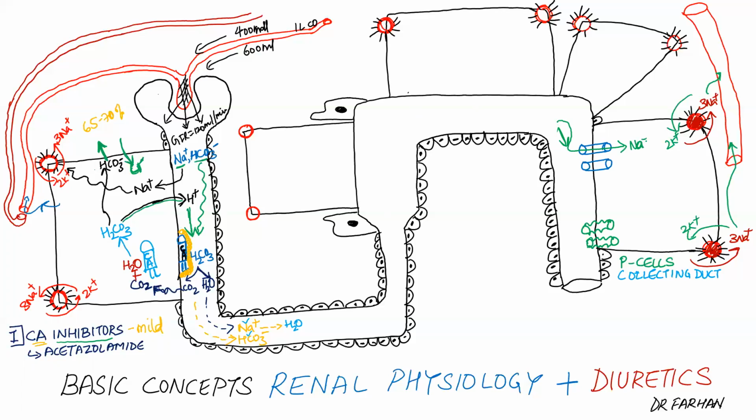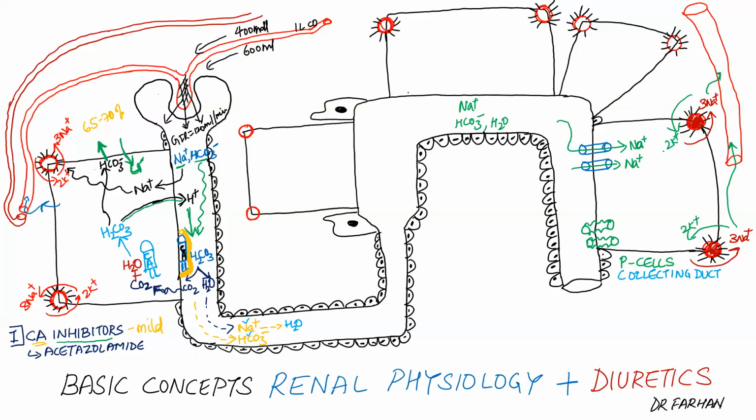Now, this is not a large amount of sodium getting reabsorbed. There is a minimal level of sodium getting reabsorbed because the P cells are capable of reabsorbing only 2 to 3% of sodium. If you ask them to reabsorb 70 to 80% of sodium, they cannot do that. So when the sodium comes here along with the bicarbonate and water, the sodium gets reabsorbed through these sodium ion channels.